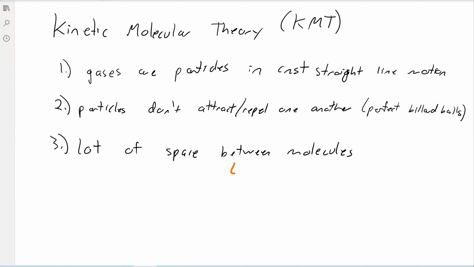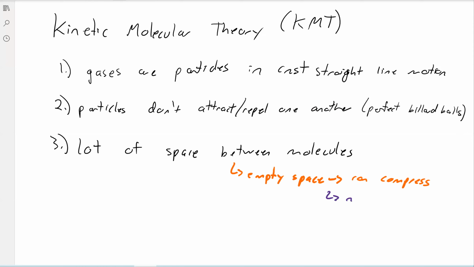And this empty space explains a lot. There's a lot of space between molecules. There's empty space. That tells us the gases can compress. We can reduce the volume of this without messing with the molecules. There's plenty of empty space that we can remove from it.